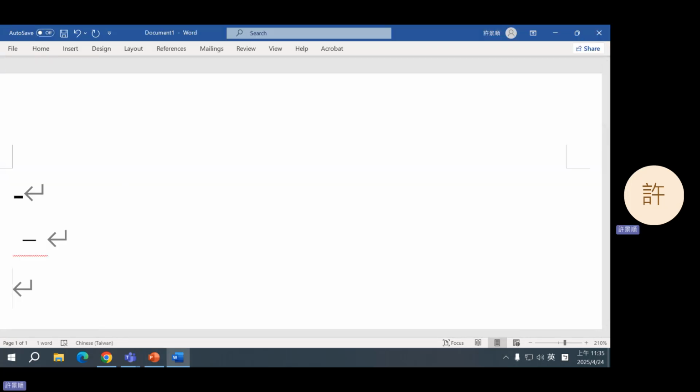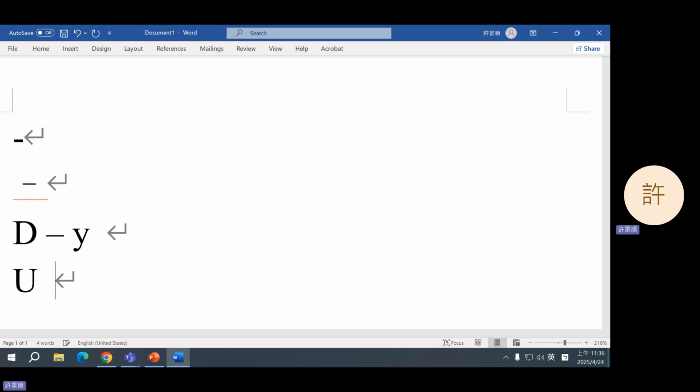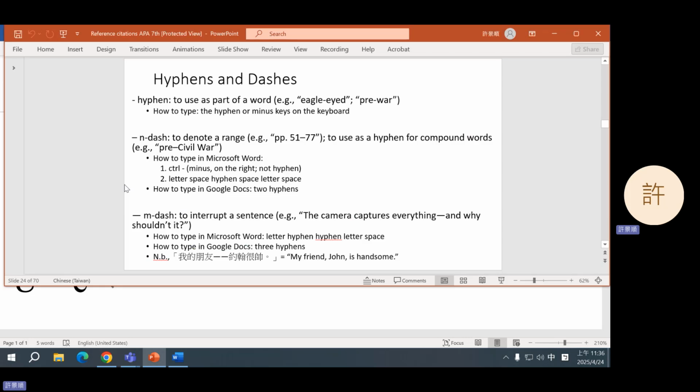Watch. It comes up as an n dash. You're going to use this because you will often need to tell readers the page number range, from which page to which page, and you will need the n dash.